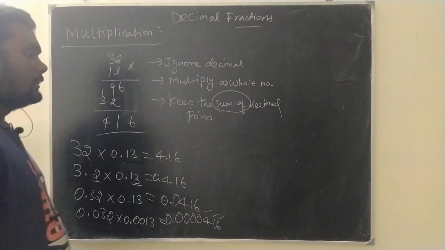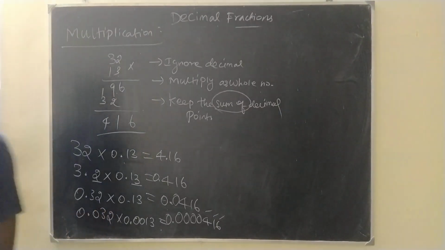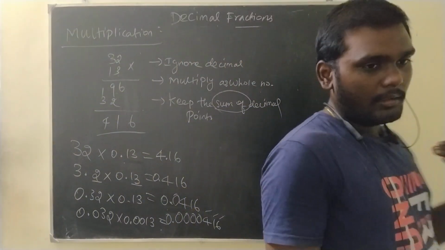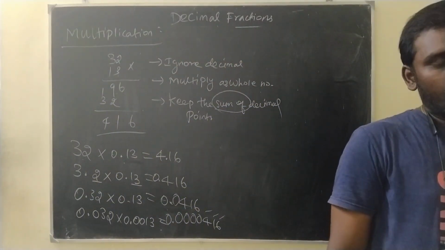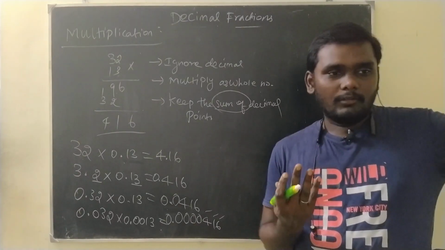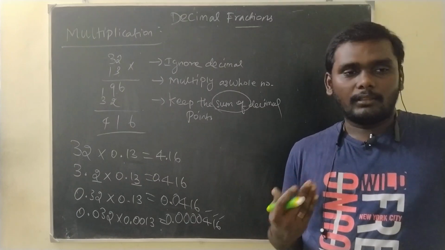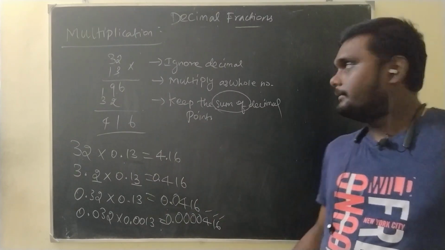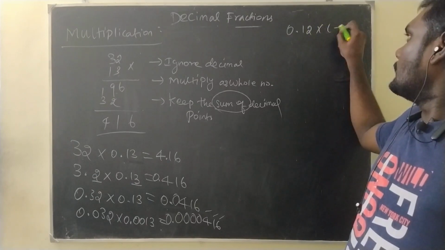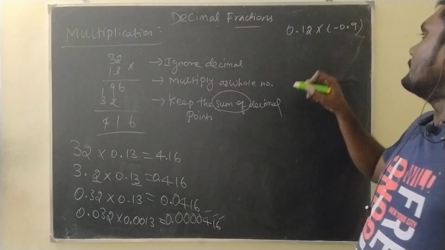Okay, good. Now I'll give you another example. Can you do it, or you want me to do it? You want me to do another example, or can you do it? Okay. See, the normal rules for positive number and negative number apply for this as well. See, 0.12 into minus 0.9.